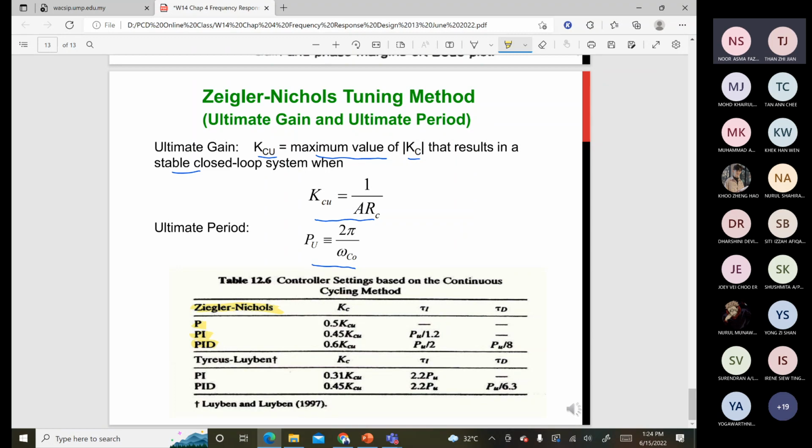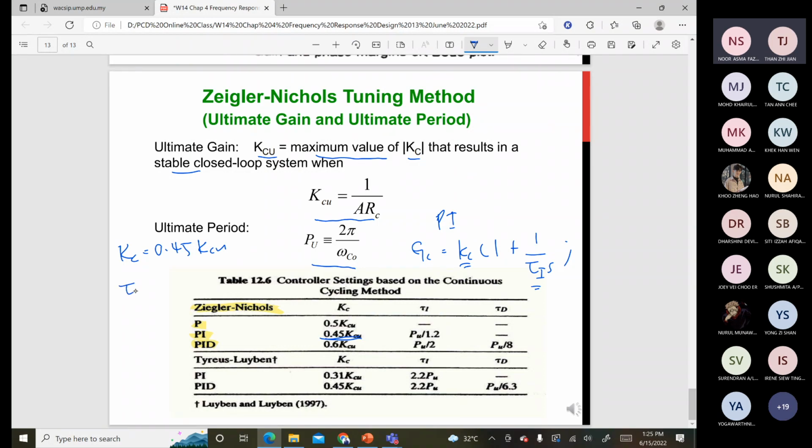So we are going to use the following formula. So in order to obtain the parameter of the Kc, tau I, because here if you recall, we know that for the PI control, the GC equal to Kc, 1 plus 1 over tau I S. Here the Kc, tau I is unknown. So for this part, based on the Ziegler-Nichols, we know that Kc equal to 0.5 KCU. So this is the formula using Ziegler-Nichols.